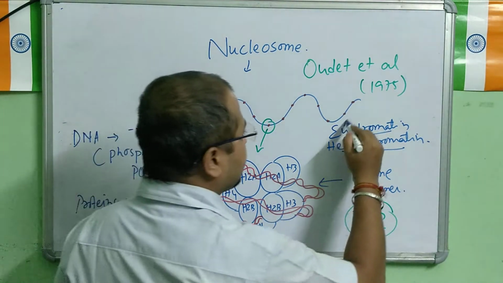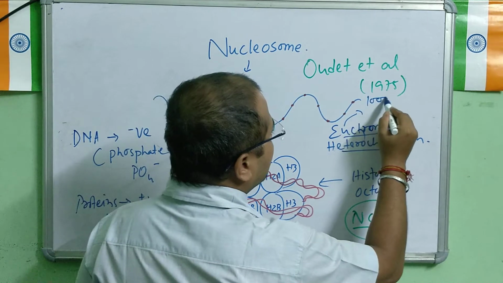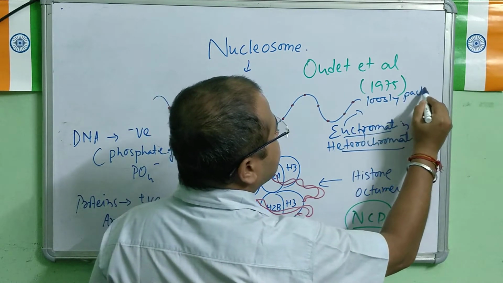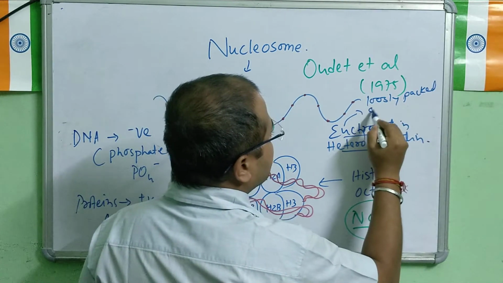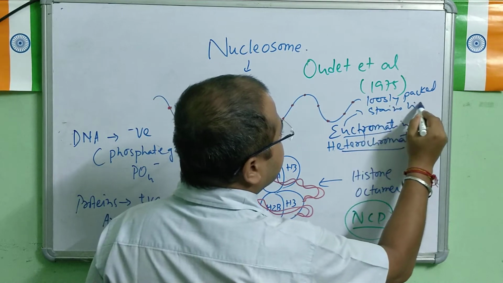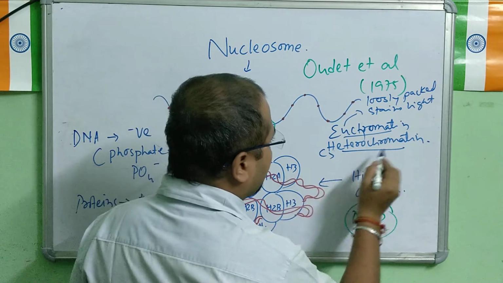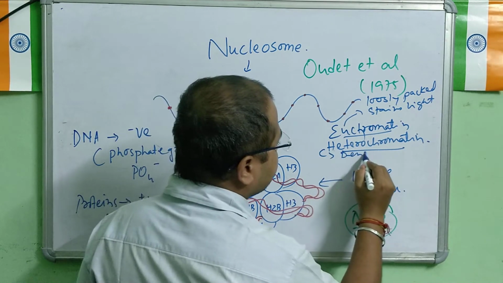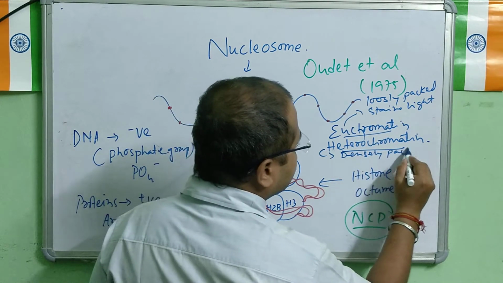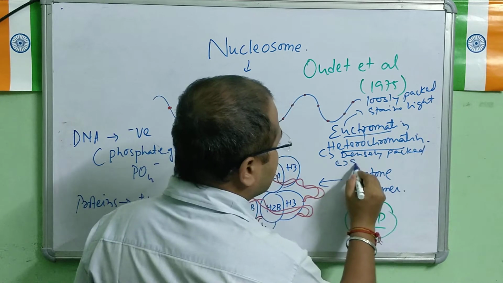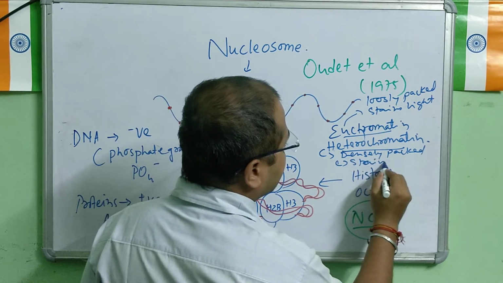So number one, loosely packed and stains light: euchromatin. Heterochromatin: number one, it is densely packed and stains dark.